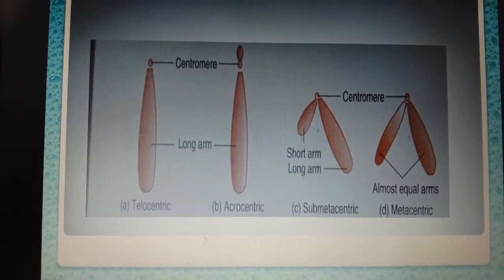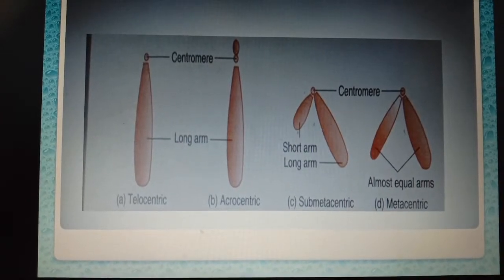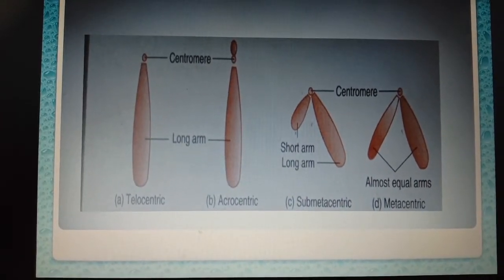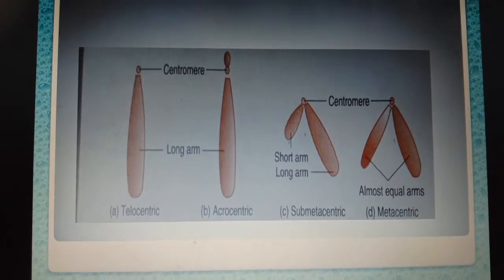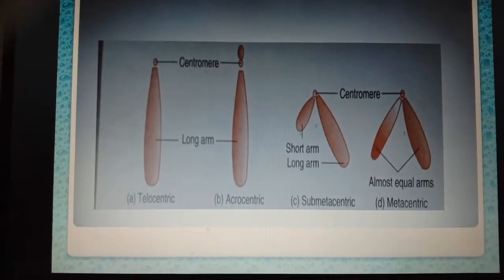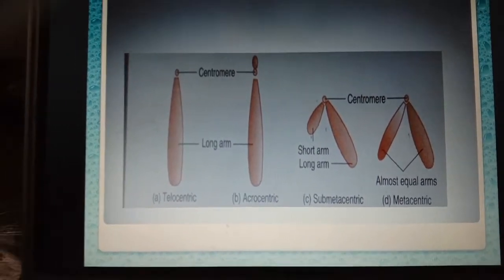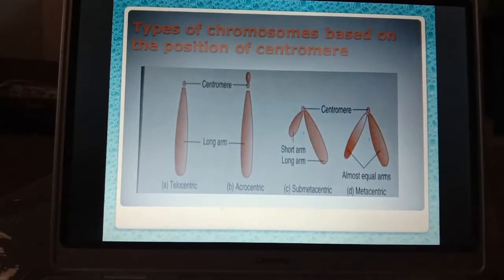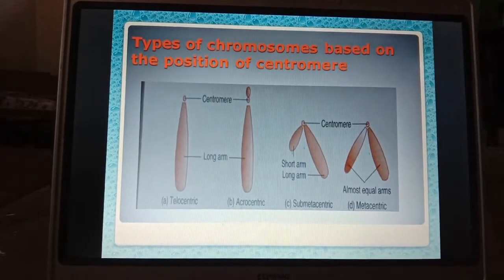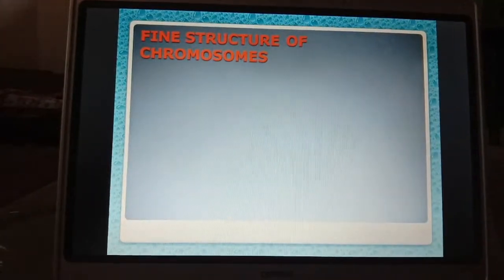In the submetacentric, it has attained an L shape. One arm is short and the other arm is long. In the metacentric, you will find the centromere located in the center and it has attained a V shape, English alphabet V shape. These types of chromosomes are based on the position of centromere.